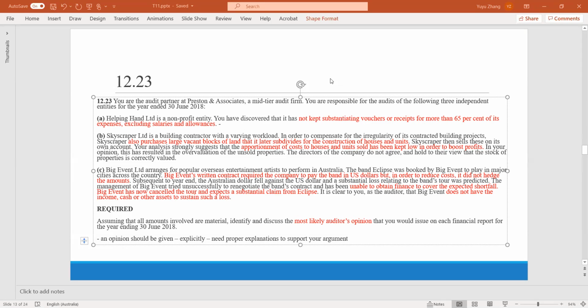So for situation A, it is about material misstatement or limitation of scope. Due to the limitation, this one is about limitation of scope, because the company didn't keep substantiating vouchers or receipts for 65% of the expenses, right?